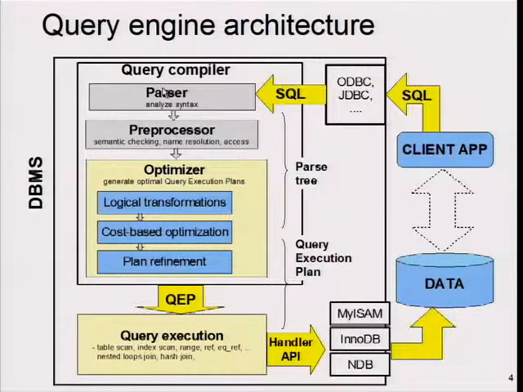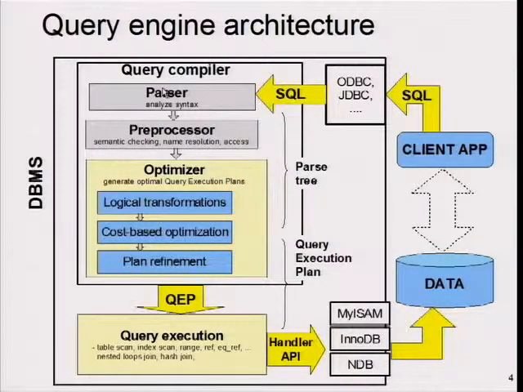Once we get the optimized query execution plan, we send it to the query execution engine, which can use a number of data access methods like table scan, index scan, range, and ref or EQRef for the ones who know the MySQL terminology. And it's also here where we compute different join methods.